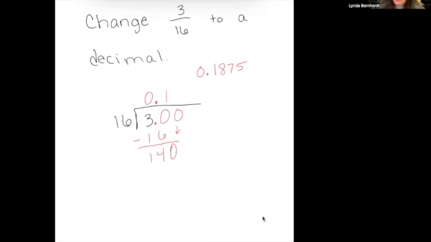Well, remember how I like to do this thing over here? We have 16 plus 16 equals 32. And then plus 16 equals 48. Plus 16 equals 64. Plus 16 equals 80. Plus 16.